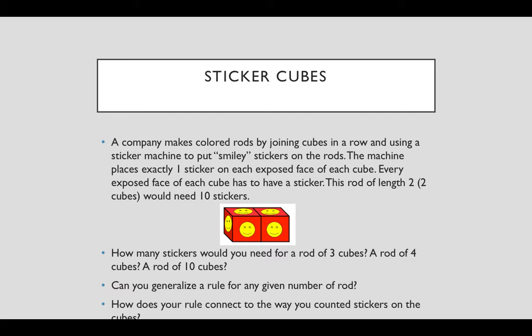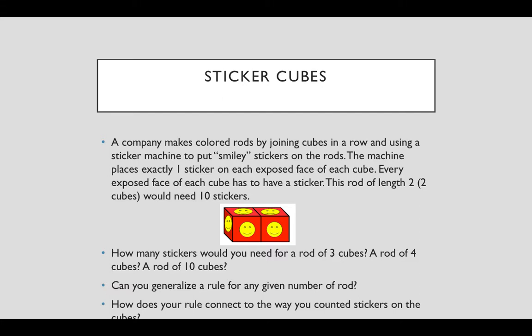So when our rule was n times n minus 1 over 2, if the question said, well, how does the rule connect to the way you counted the glass clinks? We know that n represented the number of people at the table, and each of the n people clinked glasses with everybody except themselves. So one less than the total number of people who were at the table.